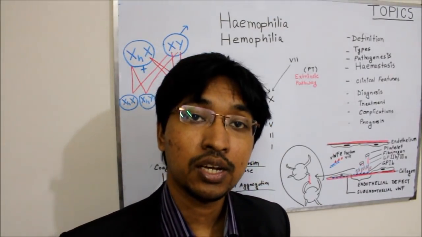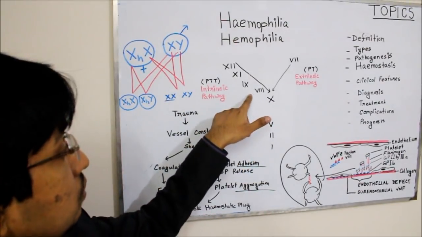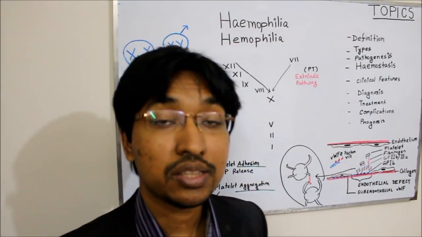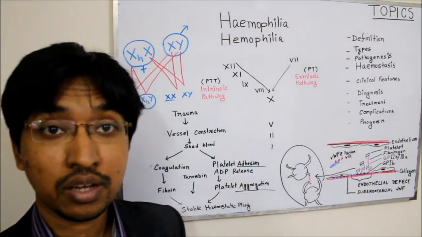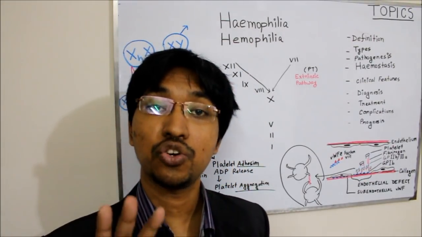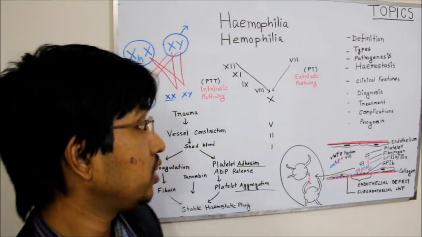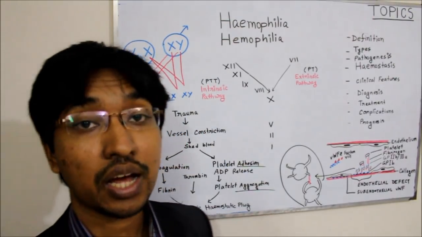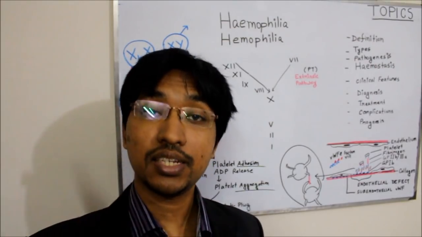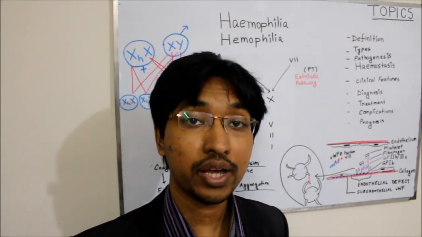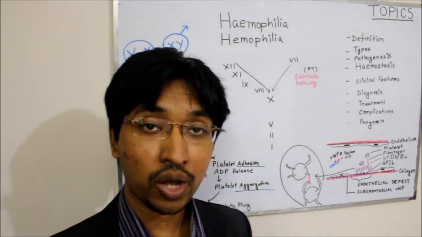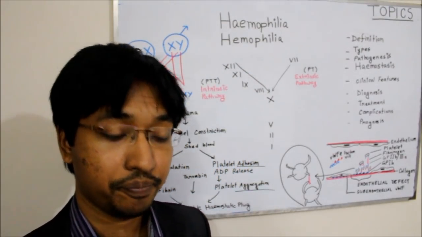You can see that factor 8 and factor 9 fall in the intrinsic pathway. So in case of hemophilia, as there is reduction in factor 8 and factor 9, the partial thromboplastin time will get elevated and the prothrombin time will remain normal. That is an important point that you have to remember.